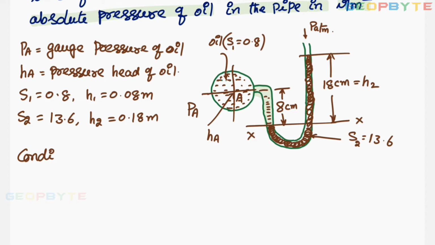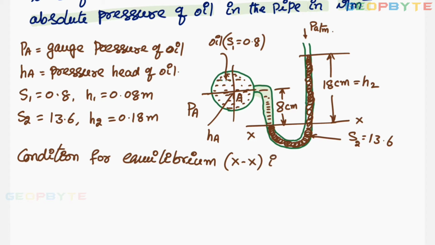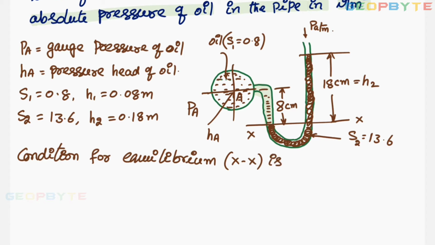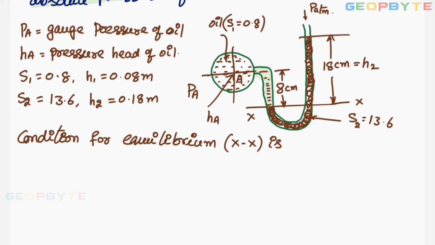Condition for equilibrium about XX: HA plus S1 H1 is equal to S2 H2 plus atmospheric pressure head.